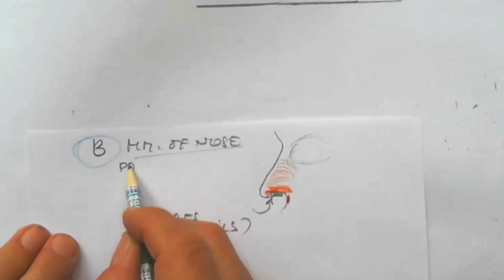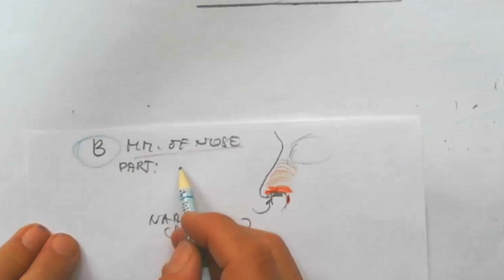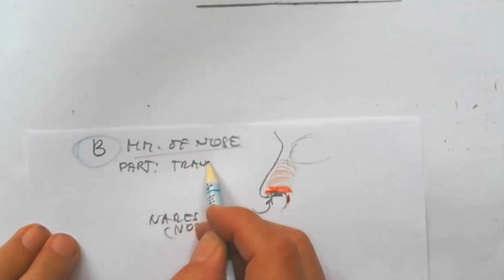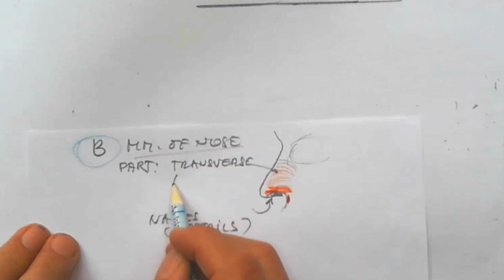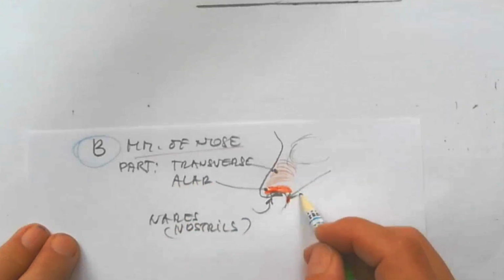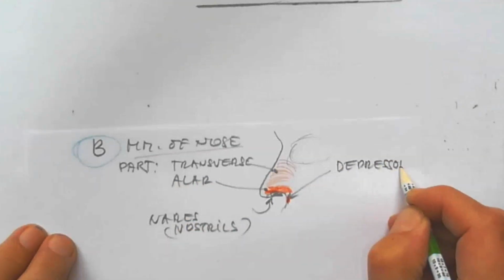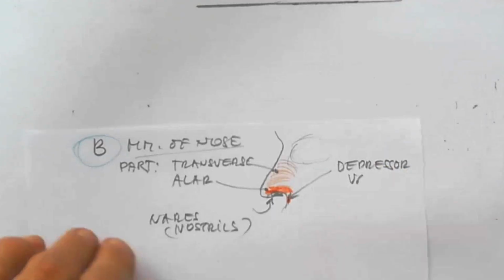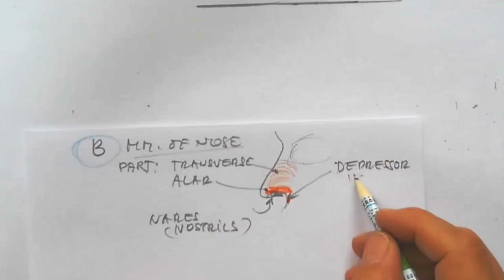So this is the transverse part, then the alar part, and here a small, variable depressor septi muscle, just depressing the septum.